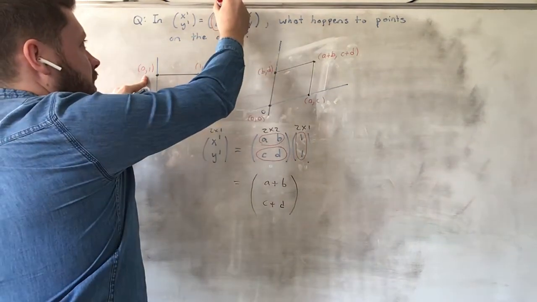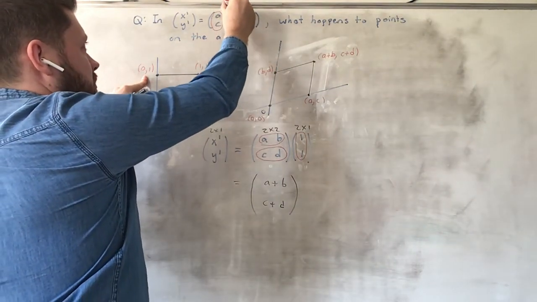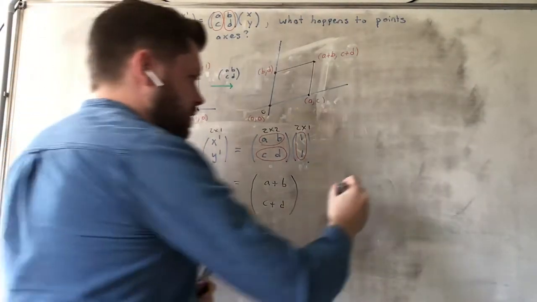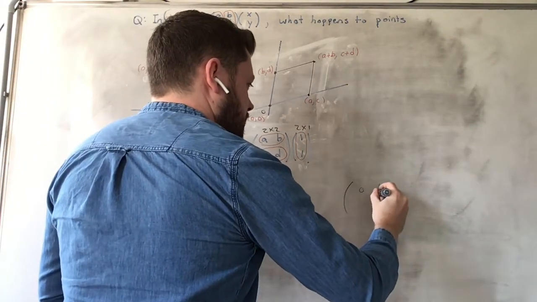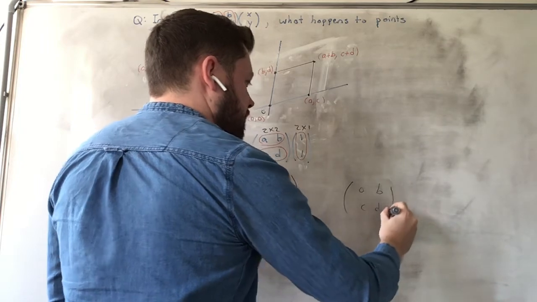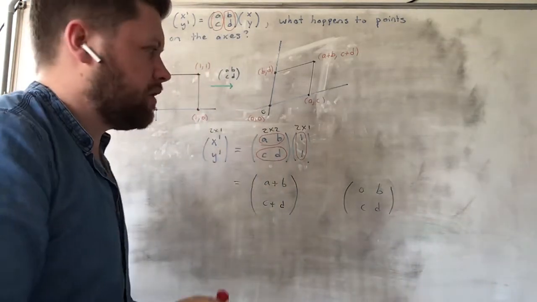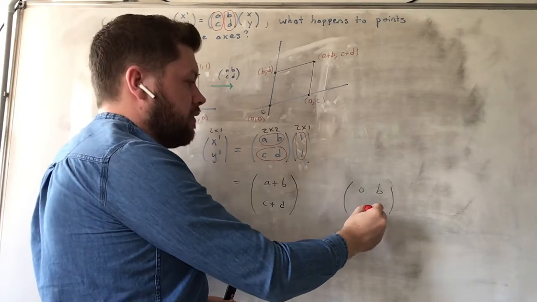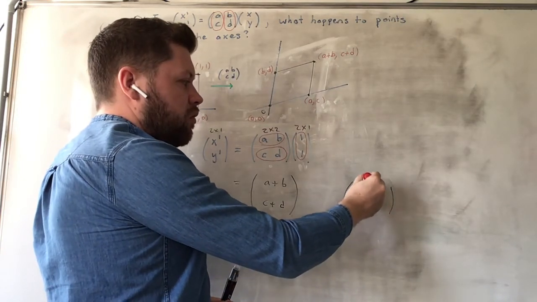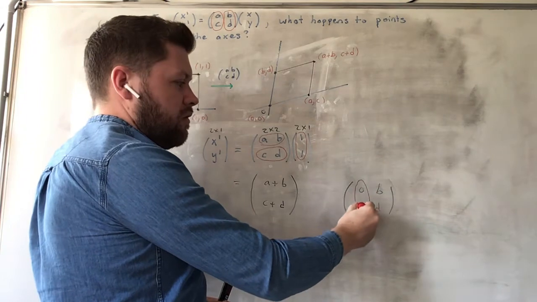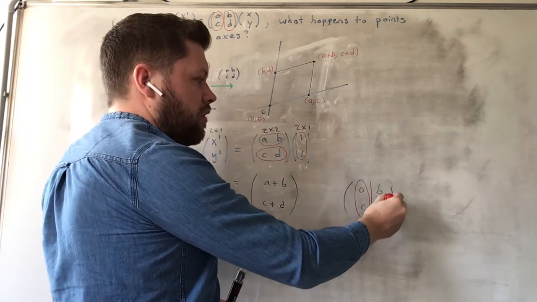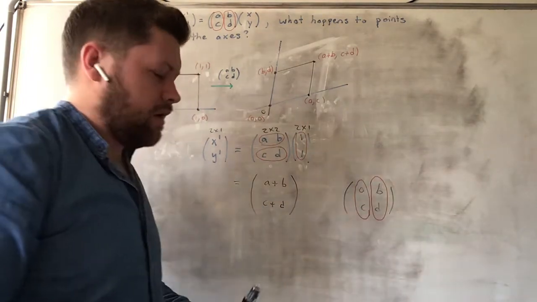Well, that's the second column of the transformation matrix. So you can consider this transformation matrix A, B, C, D as telling you via the columns where the point 1, 0 gets transformed to, and the point 0, 1, where it gets transformed to.